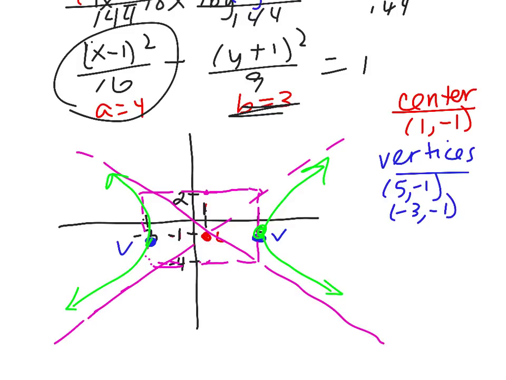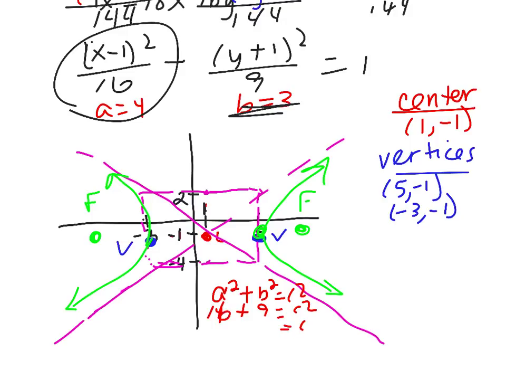Okay, so now I need my foci. My foci are going to be over here someplace. So for the hyperbola, the foci, you use a squared plus b squared equals c squared. So that's 4 plus 9 equals c squared. Sorry, my bad, I did that wrong. That was actually 16.